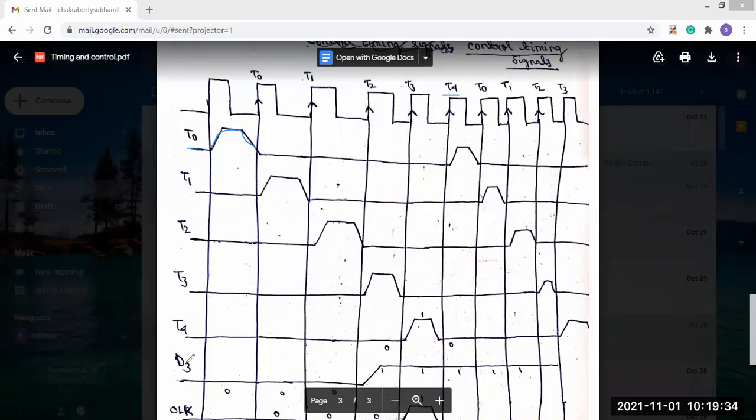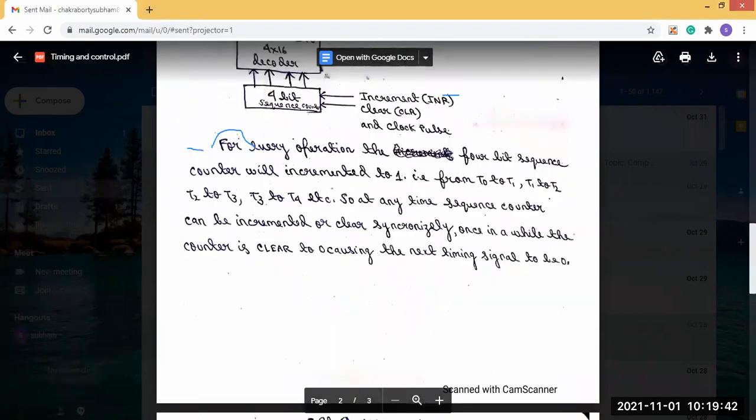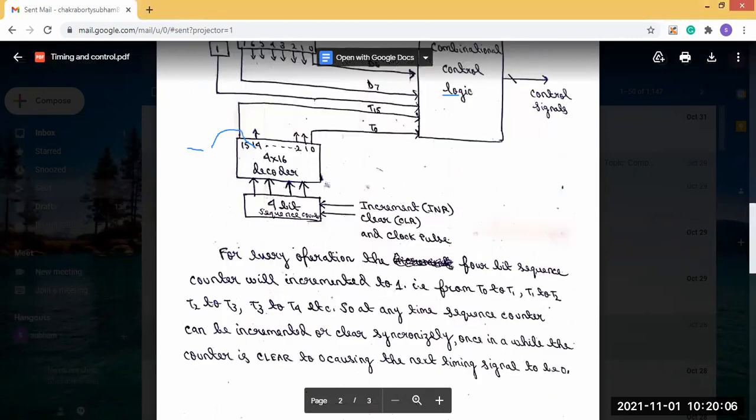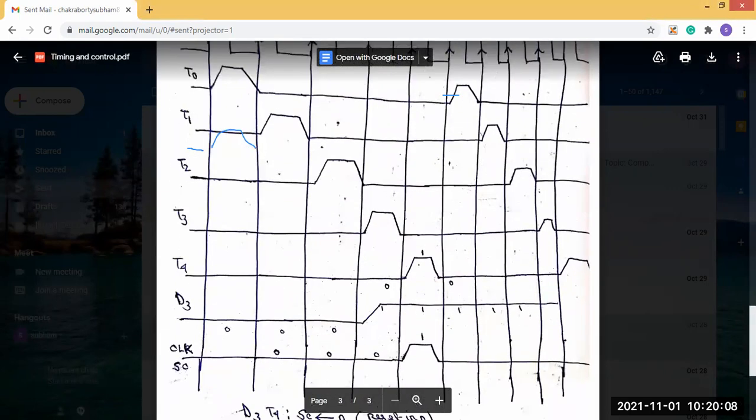Now what is this D3? If you remember the diagram, D3 is an output. Bits 12, 13, 14 go to the 3 into 8 decoder, and the 8 outputs are generated, D0 to D7. The D3 output signal goes to the combinational control logic. At that time, that D3 signal is active.